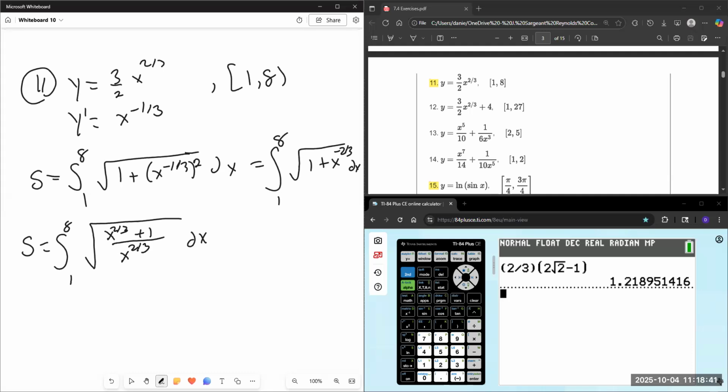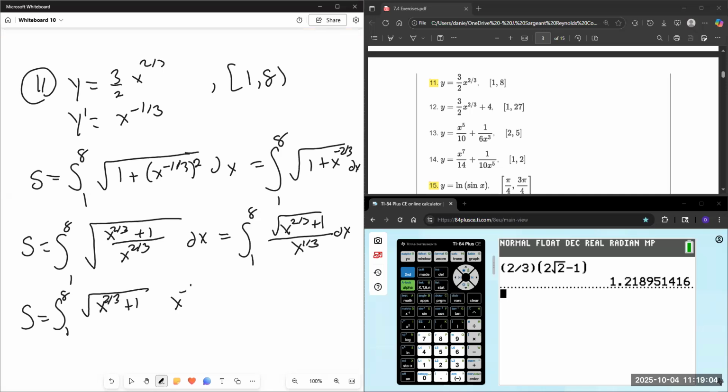And then I'm going to split my integral top and bottom. And then I'm going to bring this one up as part of my du.